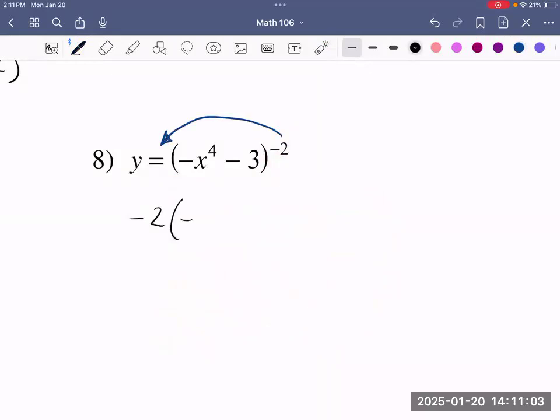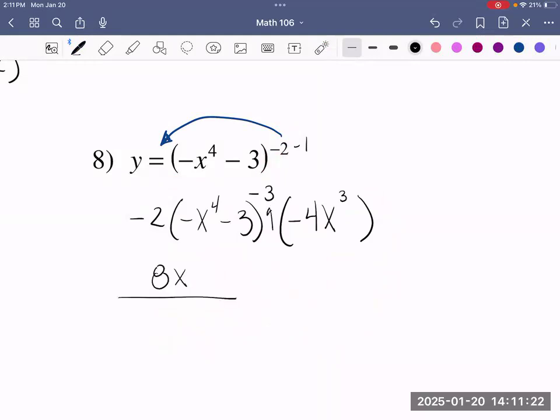Negative 2, negative x to the 4th minus 3, minus 1 for the power. So that's negative 3 already. Now that you've unlocked the treasure chest, let's derive the inside. Let's combine. We have 8x. Let's take care of that, throw it in the denominator, and we're done.